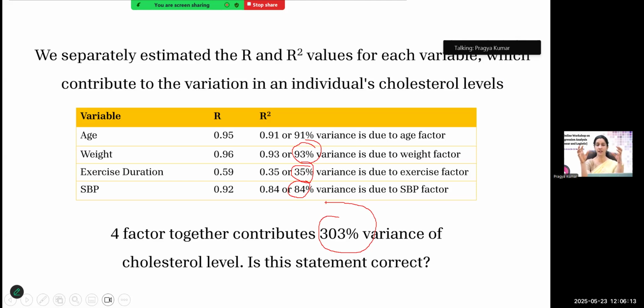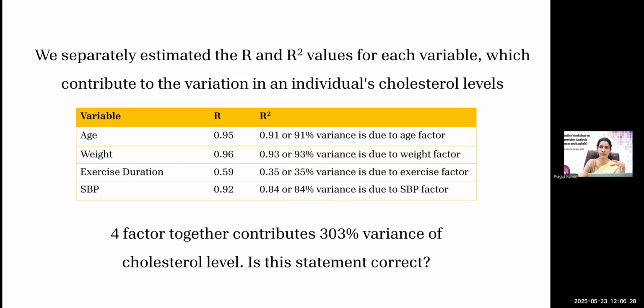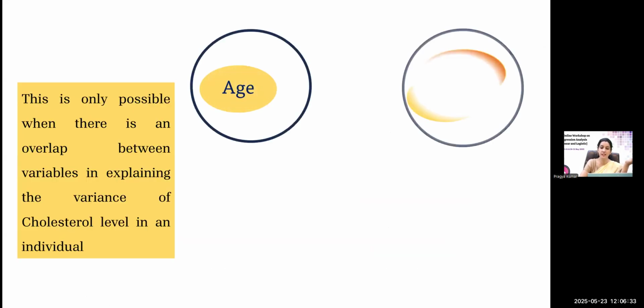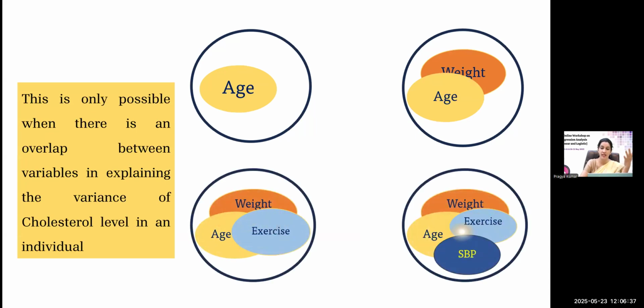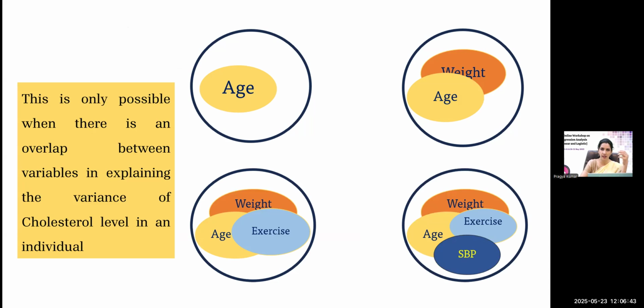Yeah. Why? Because when all the variables are acting together, I cannot add these variances, because there is an overlap. This 303% variance is possible only if there is no overlap. But generally there is overlap, because in one person the age, weight, exercise, and SBP, all four, are acting together.